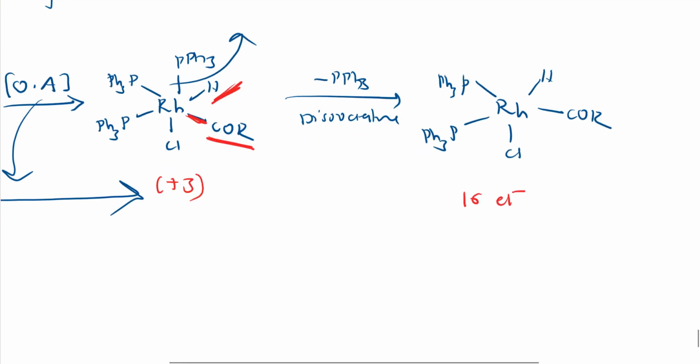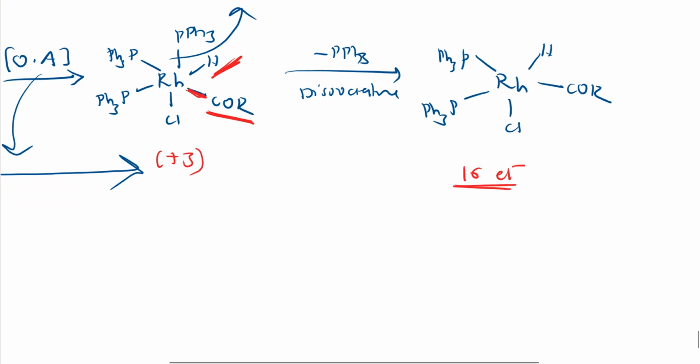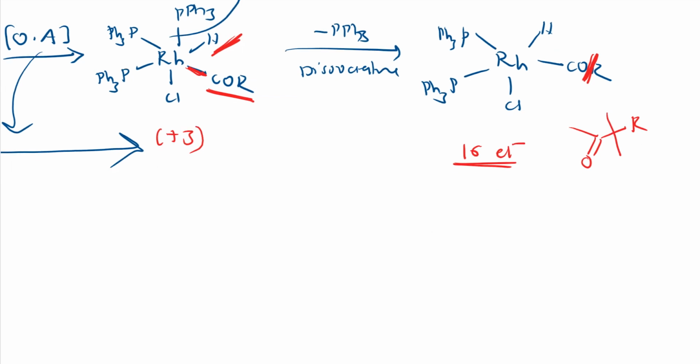Further, what happens? Insertion should happen. The C-R bond of the COR will be broken, and this R will attack the rhodium.